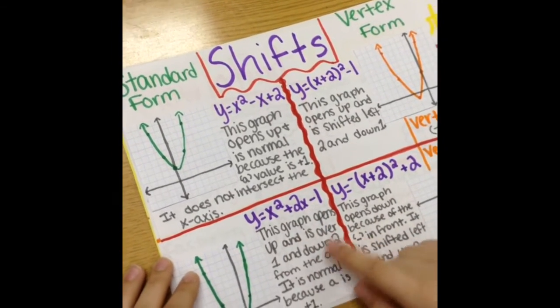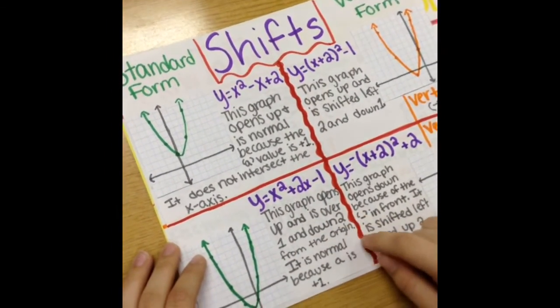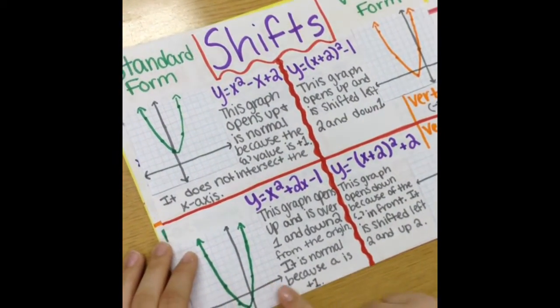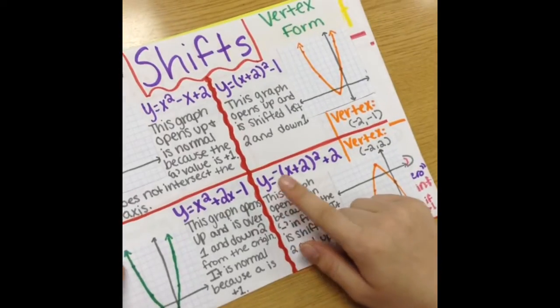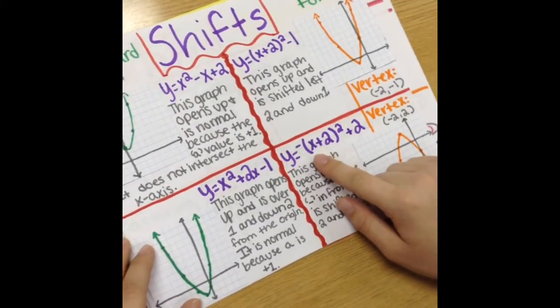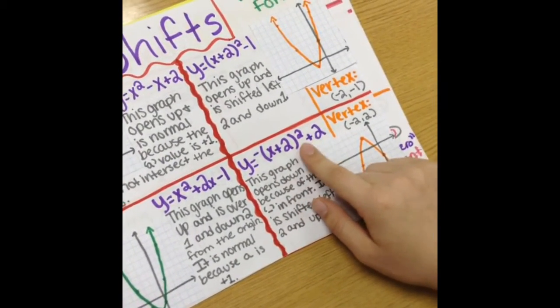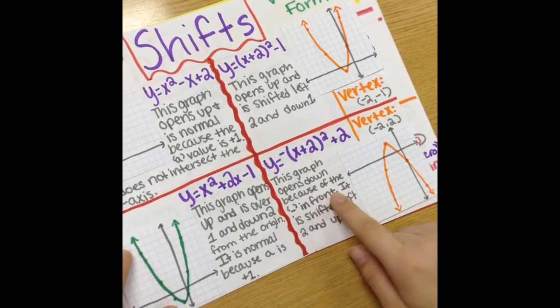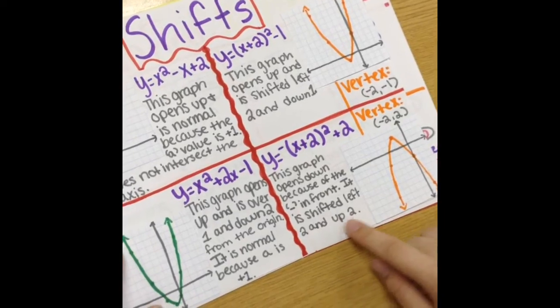This graph opens up and is over 1 and down 2 from the origin. It is normal because a is plus 1. This equation, y equals negative (x plus 2) squared plus 2, would open downward because of the negative in front. It is shifted left 2 and up 2.